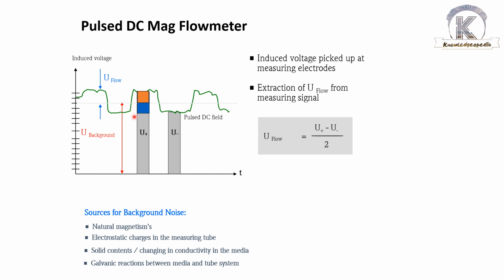Noise signals are not induced voltage and keep their polarity all the time, so they will not change, and they have to be eliminated at the end of the day. By simple subtraction, the induced voltage signal can be calculated and the noise eliminated.